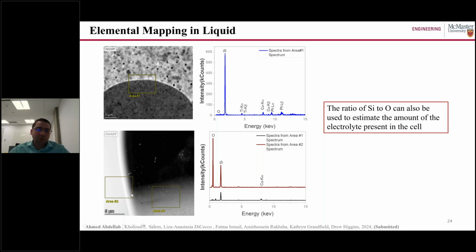Close to your working electrode, you can see a high signal of oxygen coming from your electrolyte. In the middle of your working electrode, the signal goes down, indicating that the thickness here, the amount of electrolyte on the working electrode, is very small compared to the other area.